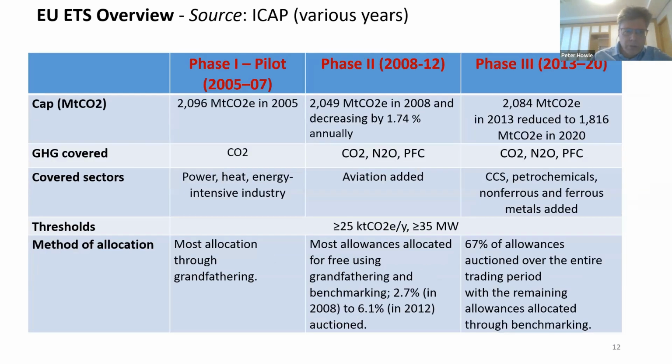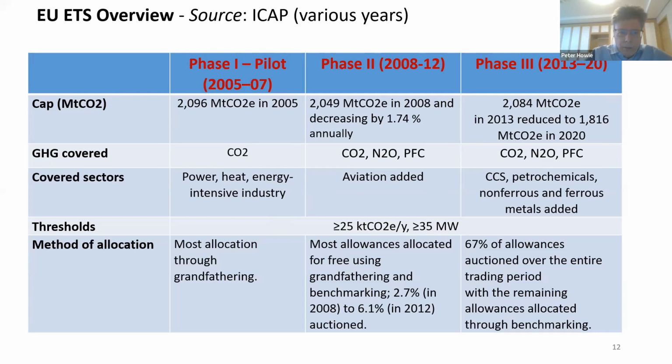Now let's look at the EU ETS. Its pilot phase was a 3-year phase, 2005 to 2007. Phase 2 was 2008 to 2012, and phase 3 was 2013 to 2020. In the pilot, only CO2 was covered, but after the pilot, nitrous oxides and fluorocarbons were also covered.